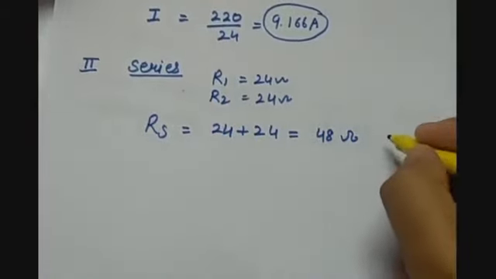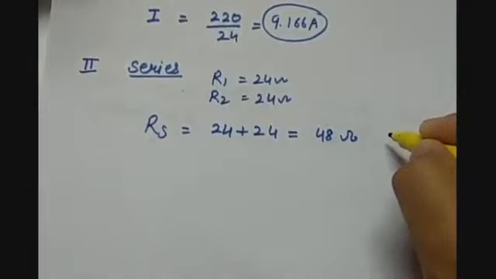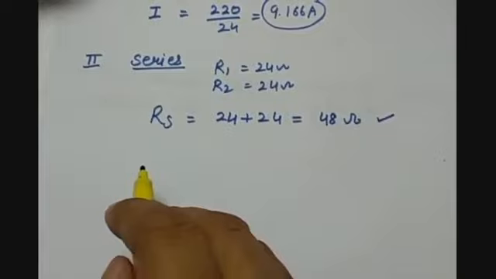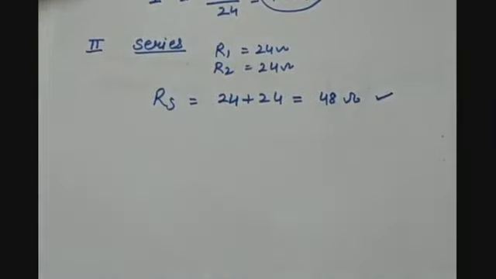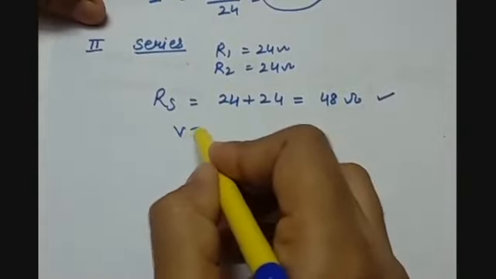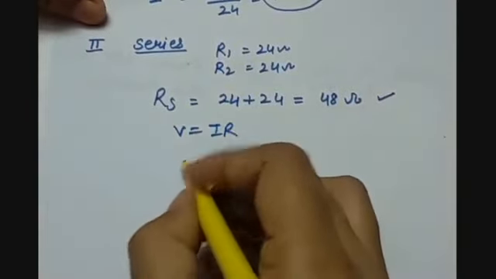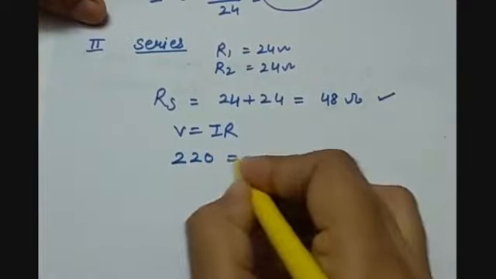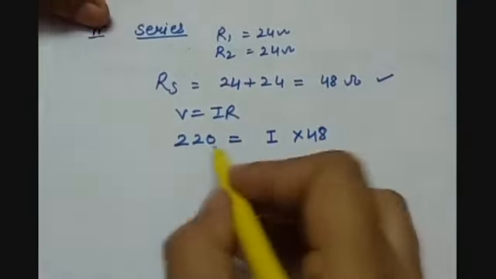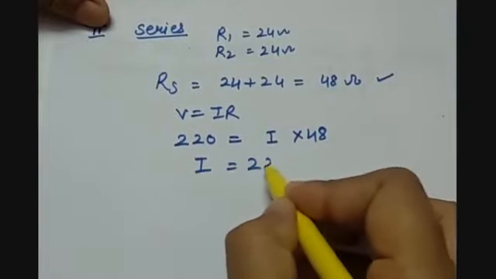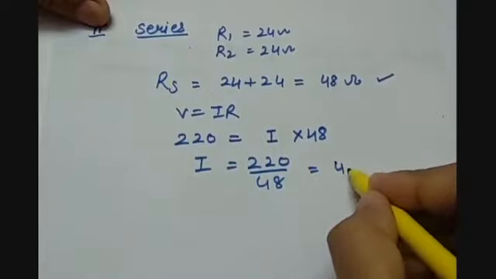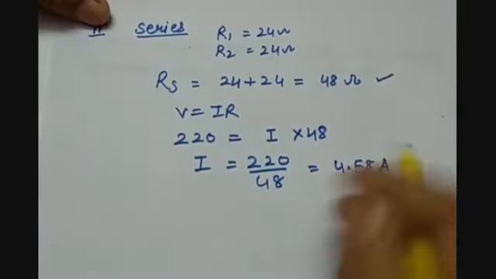So now the total resistance or effective resistance of the circuit is 48 ohms. The potential difference is same for it. Let us find out the current again. V is equal to IR according to Ohm's law. V is again 220 volts. Current we don't know, but now the resistance value is 48 ohms. So current will be 220 by 48. That means it is 4.58 amperes.